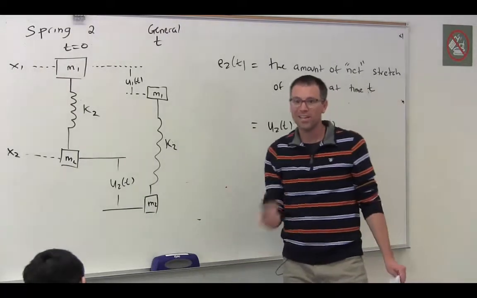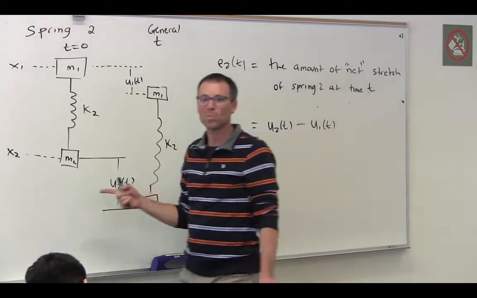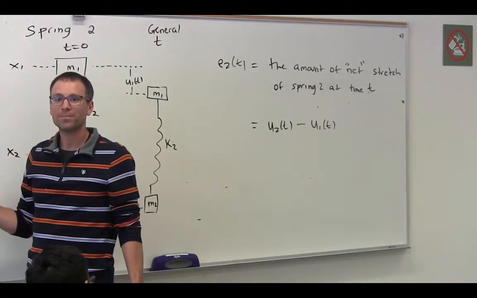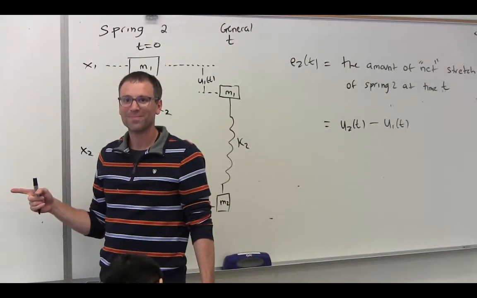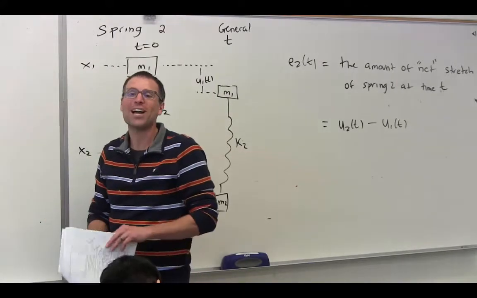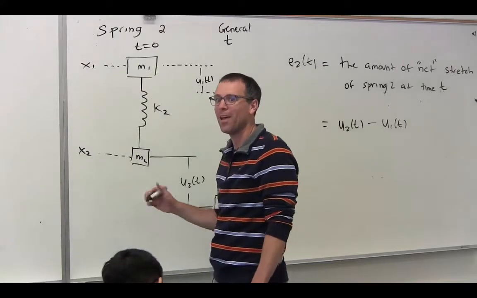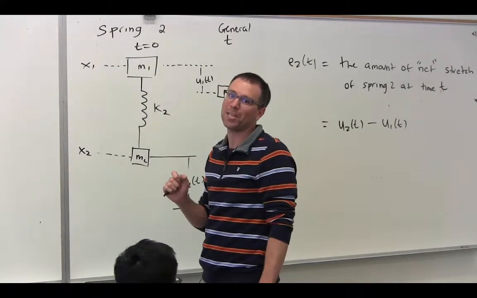Is there a difference between displacement and elongation? What's the difference? We need to account for the displacement when we think about elongation. In fact, this is why I say that Hooke's law is ridiculous, because formally speaking, Hooke's law is about the elongation of the spring, not the displacement.